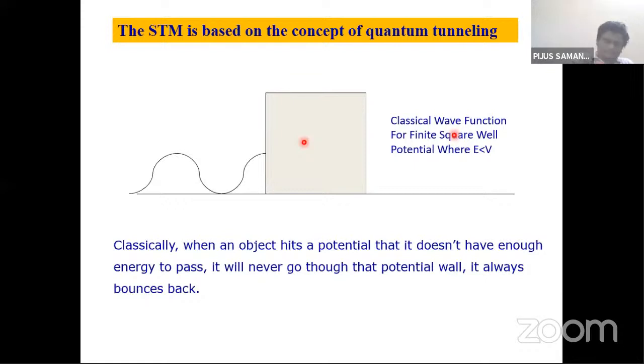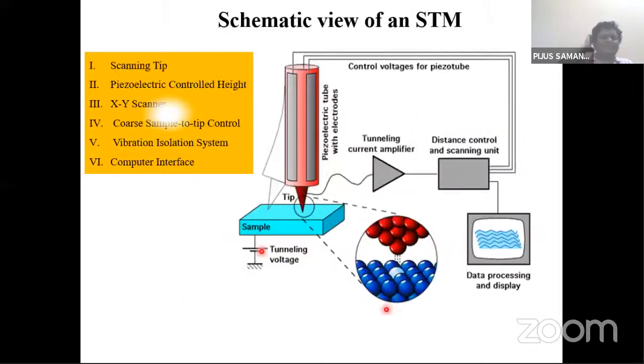So this is the basic layout of the STM. This is the sample. This is the scan tip. It is usually a tungsten tip, and a piezo-controlled scanner is there, and it is computer operated.